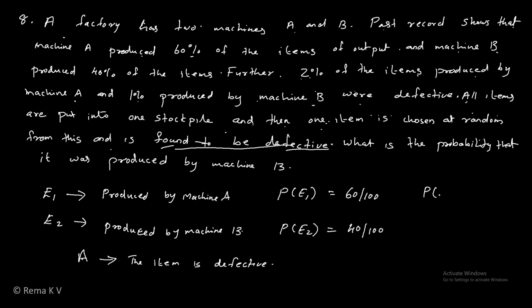Now what is the probability that the item is defective when produced by machine A? It is 2 by 100. Then what about the probability of a defective item produced by machine B? It's 1 by 100.